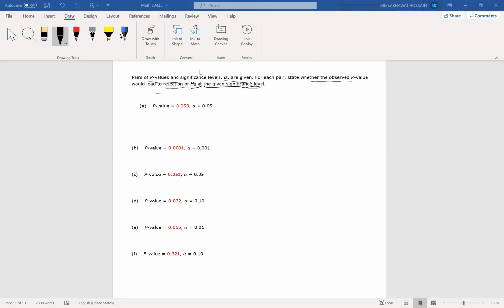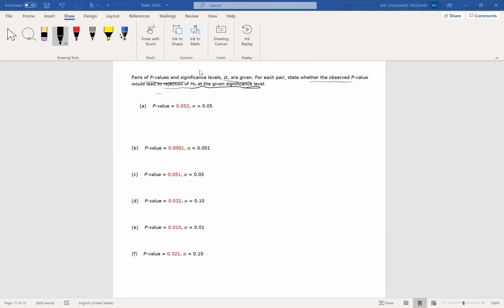Before making the decision, think about this. When do we reject the null? When the p-value is smaller than alpha, right? Do you think the p-value is less than alpha? If the p-value is less than alpha, you reject.